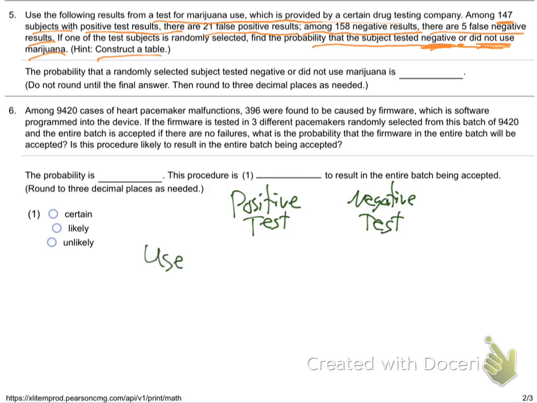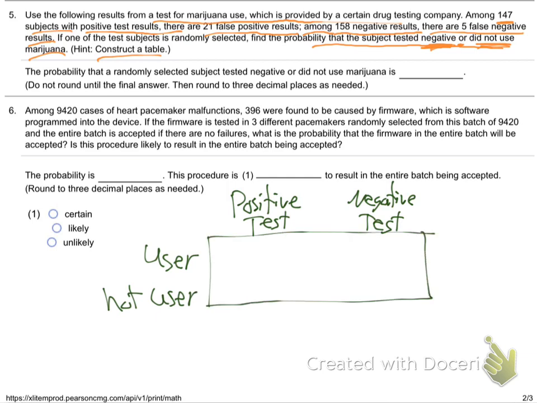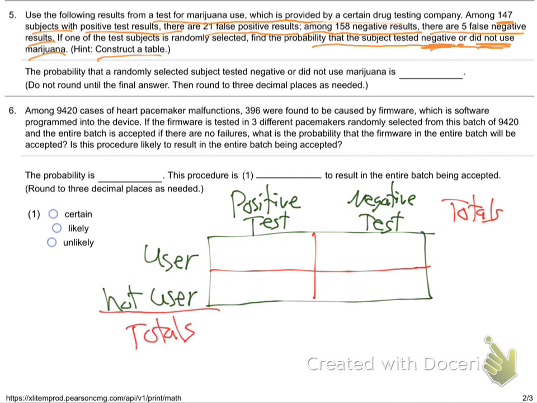And user, not a user, right? And then we have totals on the right side and the bottom. So it's the same kind of table.